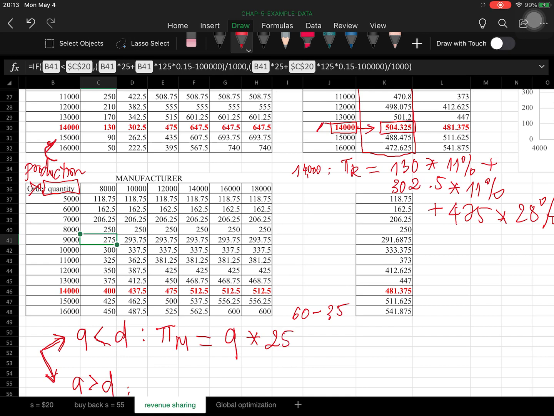So we have 25. So this is the profit of selling those quantities.